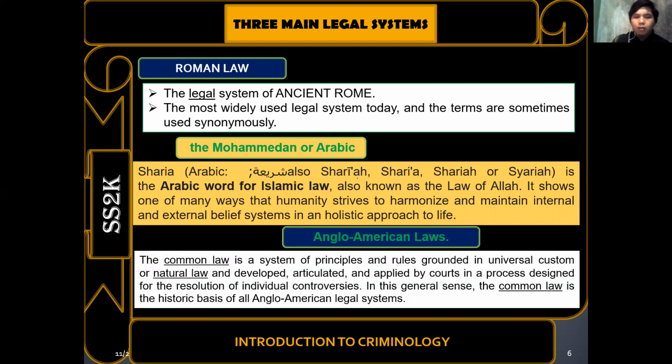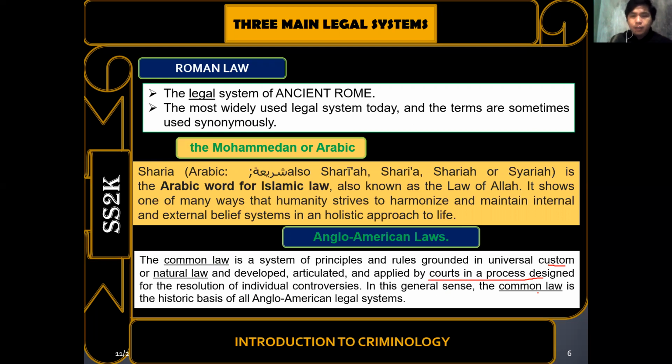Then we have the Anglo-American laws, the common law system: principles and rules grounded in universal custom or natural law, and developed, articulated, and applied by courts in a process designed for the resolution of individual controversies.